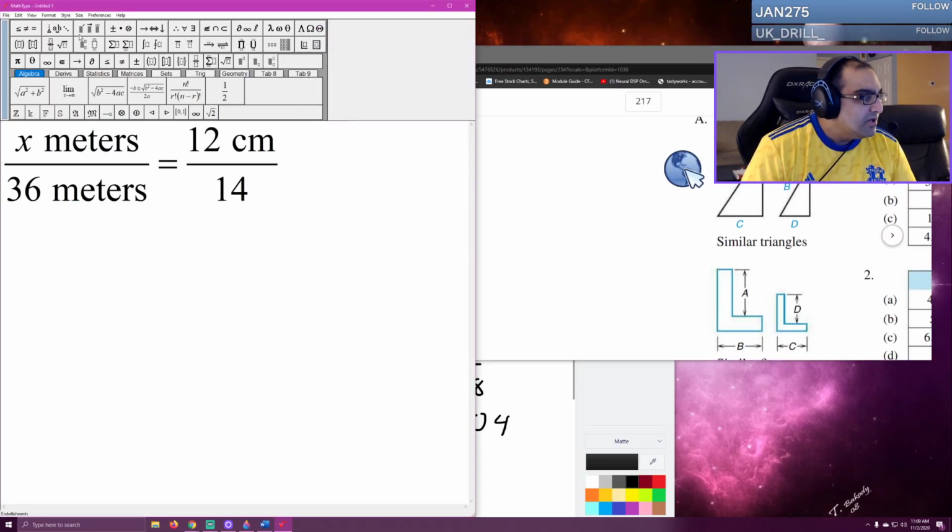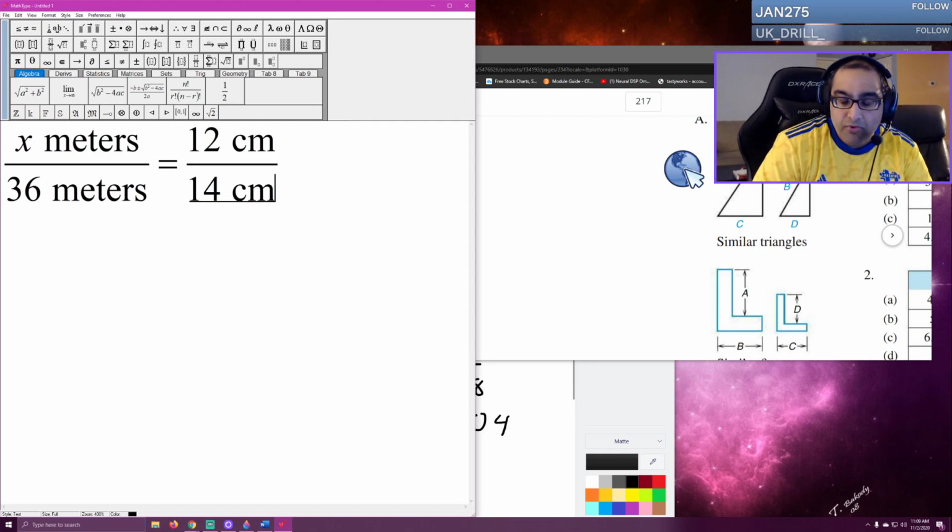Now, you're probably saying, you've gone through this painstaking process, so what's the difference between what I did from before and what I'm doing now? Well, I want you to take a look specifically at this particular proportion. You notice that the units are on the same side of the equation for both sides. So centimeters is on the right-hand side, and meters is on the left-hand side.